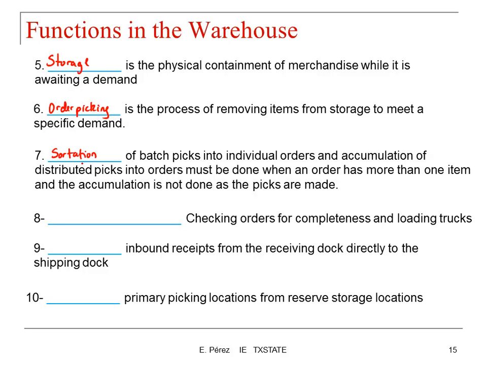Then we have 3 more, which are packing and shipping, which is checking the orders for completeness and also loading the trucks; cross-docking, which is inbound receipts from the receiving dock directly to the shipping dock; and then replenishing.